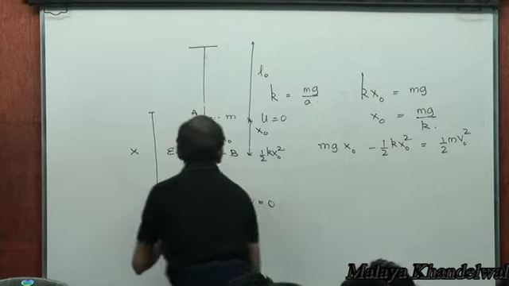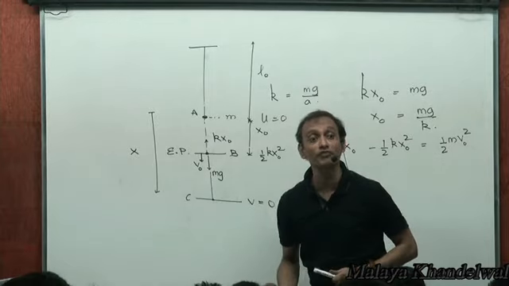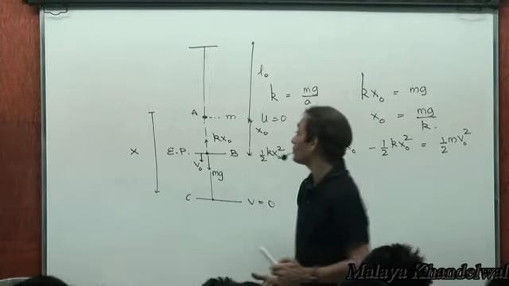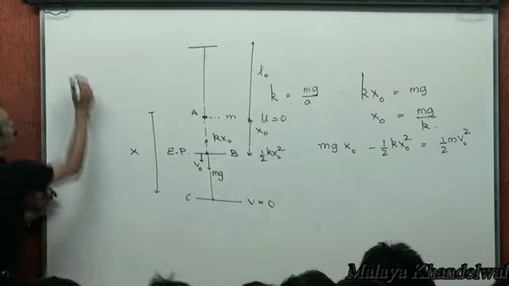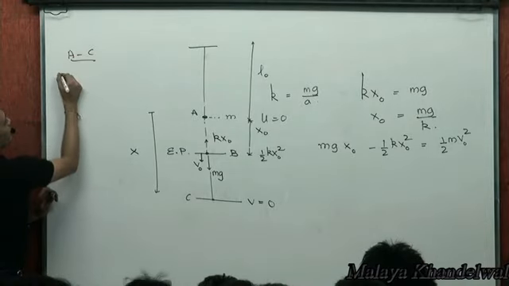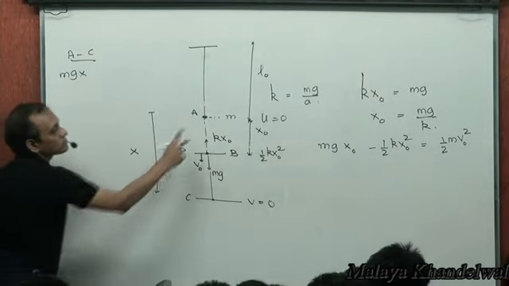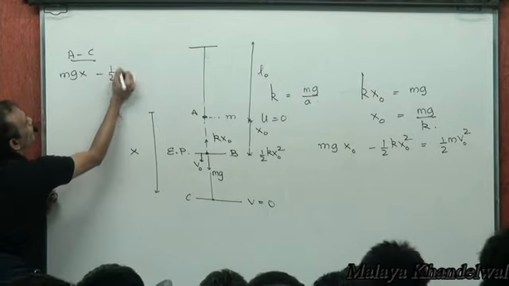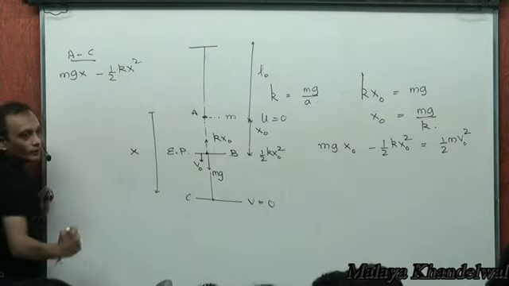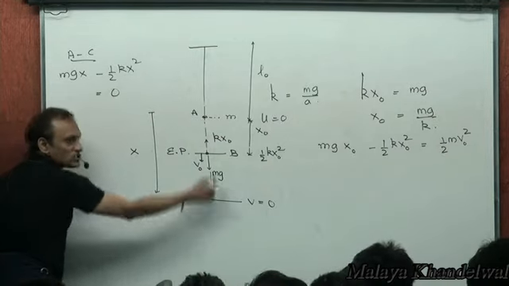So from state A to state C, I can once again apply the work energy theorem to solve for x. Between A and C, what's the work done by gravity? mgx. What's the work done by the spring force? Minus half kx squared. And that must be the change of kinetic energy, which is 0, from rest to rest.